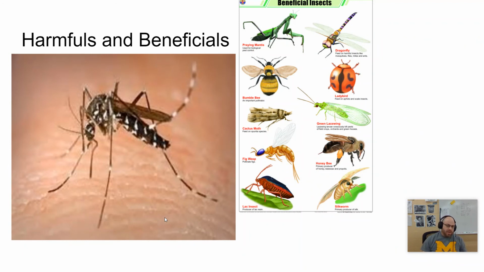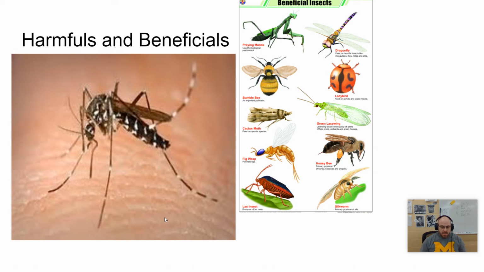Insects fit into one of two groups typically. I guess there's a third group that would be more of a neutral, but there are beneficial insects, and usually a beneficial insect is called beneficial because it is either a pollinator, meaning that it spreads pollen from one plant to another, like a bee or a butterfly, or it's an insect that eats harmful ones, like a praying mantis.